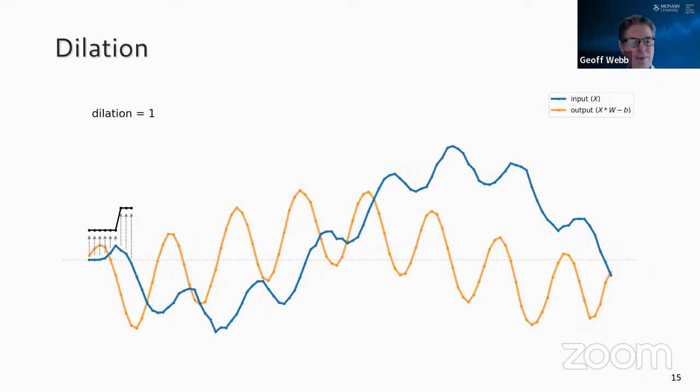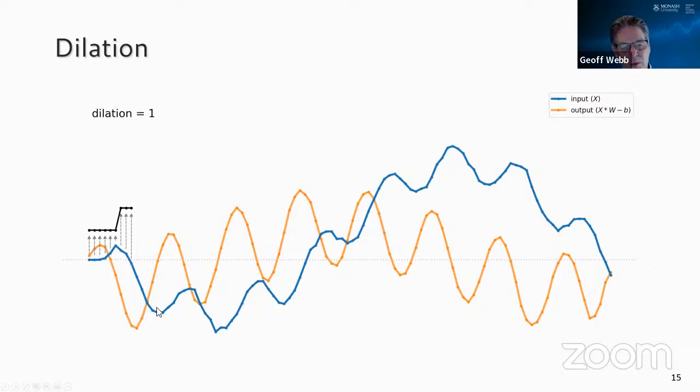An important mechanism for these convolutional filters is dilation. This is simply the distance between the locations in the underlying series to which each successive element is applied. So here we see a convolutional filter, the same convolutional filter as we saw before, being applied with a dilation of 1. So each point in the filter is applied to the next point in the series.